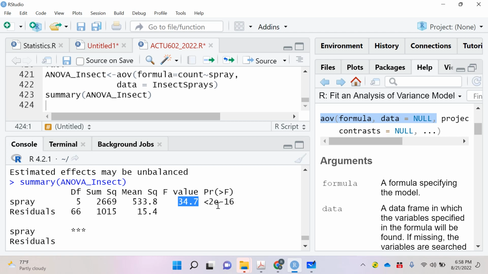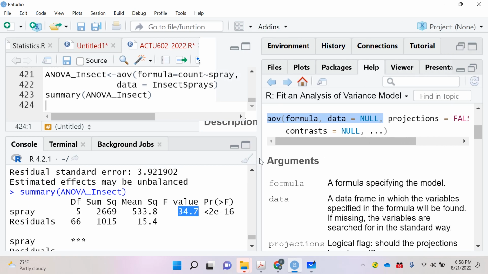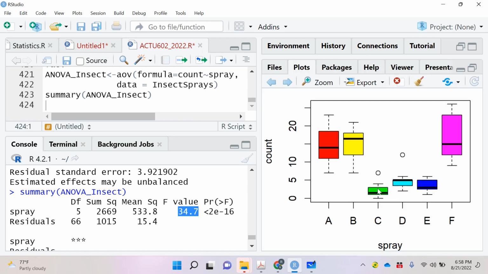Which means there is a significant difference between the average counts. Of course, you can see it over here. If you look at this, you cannot say that this one is not different from that one. These ones, they may be the same. So, any question on this? Okay, so that's it.